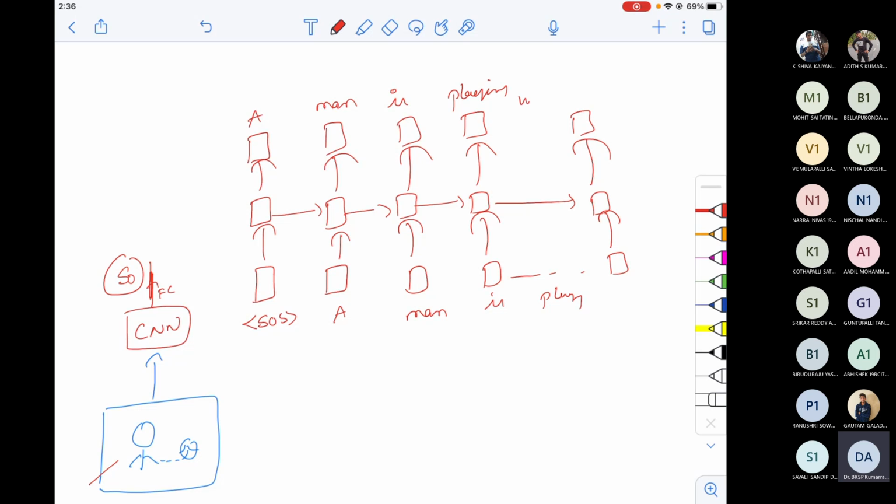Then we'll get with, then with will be given here, and football. So a man is playing with football is the expected answer.